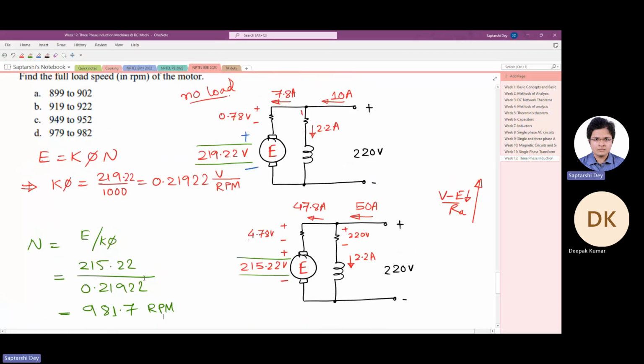Okay, any doubt? Simple questions, just applying KVL, nothing else, and using the equation E equals k phi n, T equals k phi I.